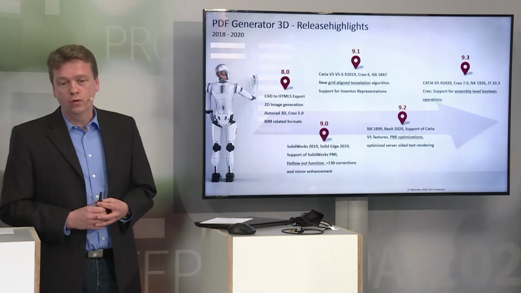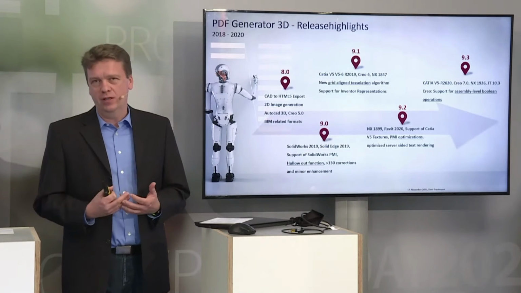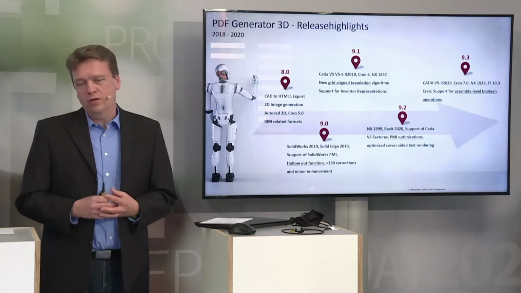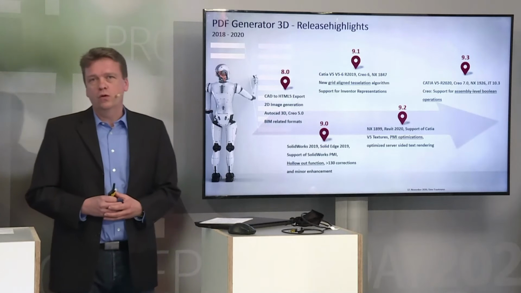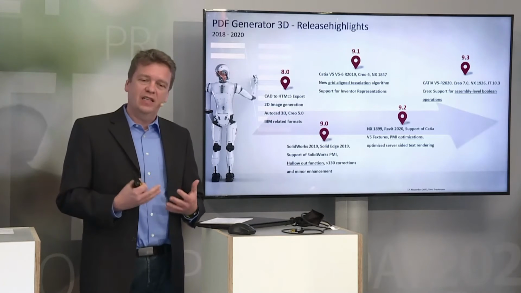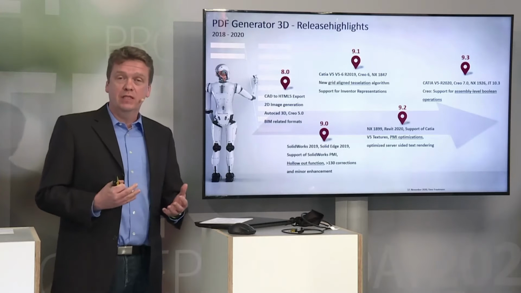Besides all the standard maintenance processes supporting the new versions, with each release we've also integrated a new highlight feature. I've tried to illustrate that as well. For instance, in 9.0 we had a function to remove inner geometry. That's very important for after-sales processes.